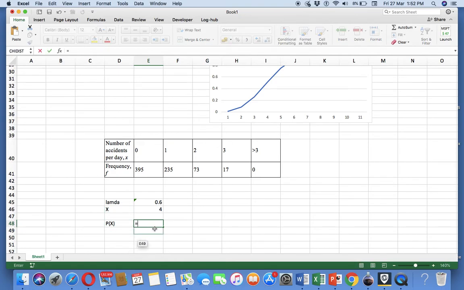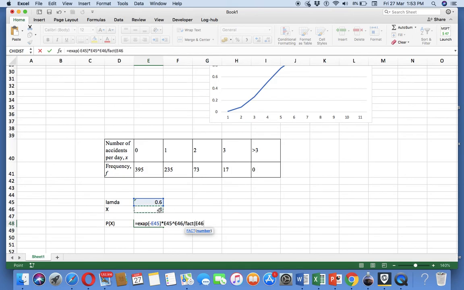The formula is, in Excel, EXP raised to the power of minus mean lambda, into lambda raised to the power of x, divided by factorial x.